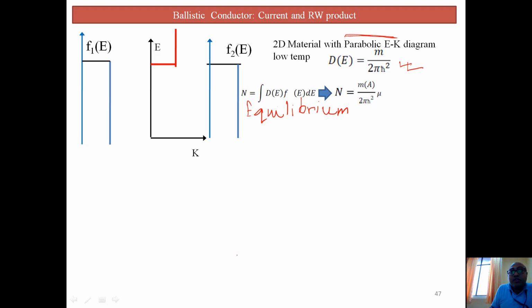So this is the number of electrons that we have calculated. If you do the calculation properly, you need to find the density of states, and you know the Fermi-Dirac probability. You put them in and you will get this number. This integration you can easily calculate.